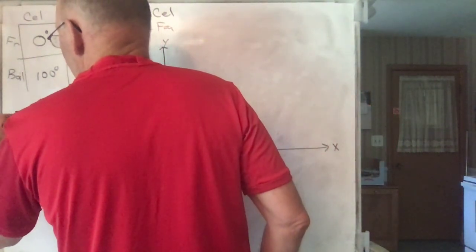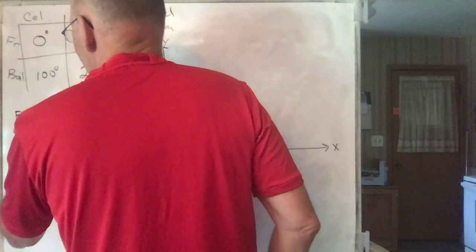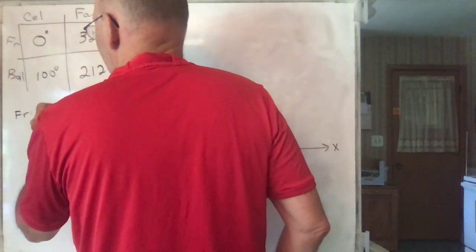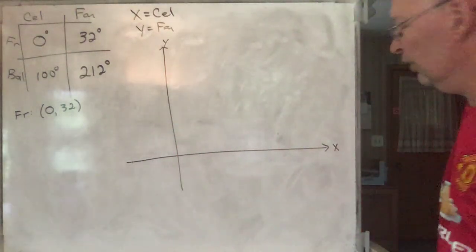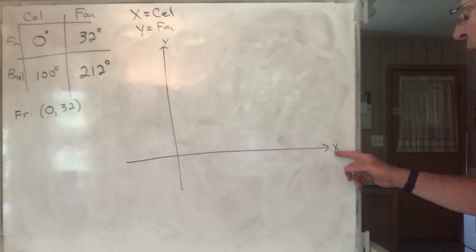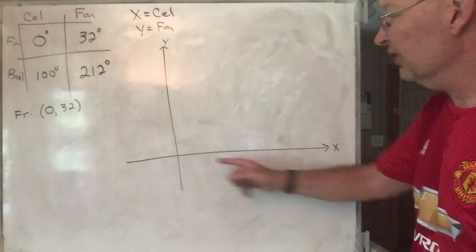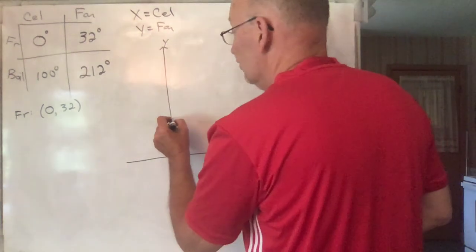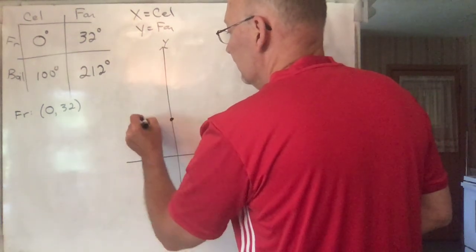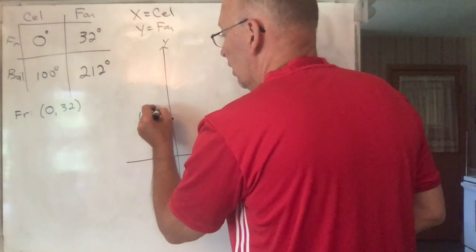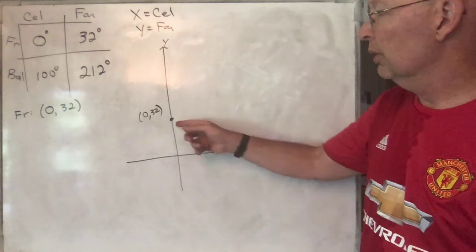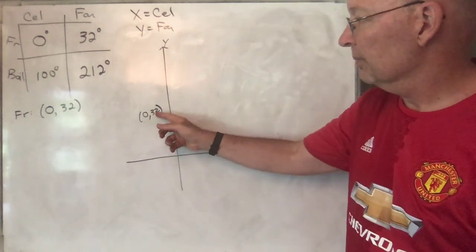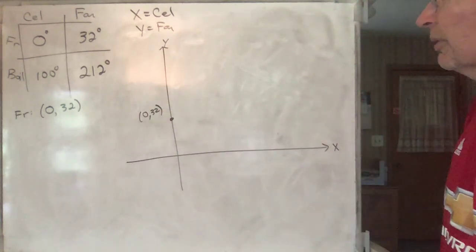Freezing in Celsius it's 0, in Fahrenheit it's 32. So there's one point which demonstrates a relationship between these two. When Celsius is 0, Fahrenheit is 32. So there's a point right there which captures the relationship between these two scales, at least at the freezing temperature.